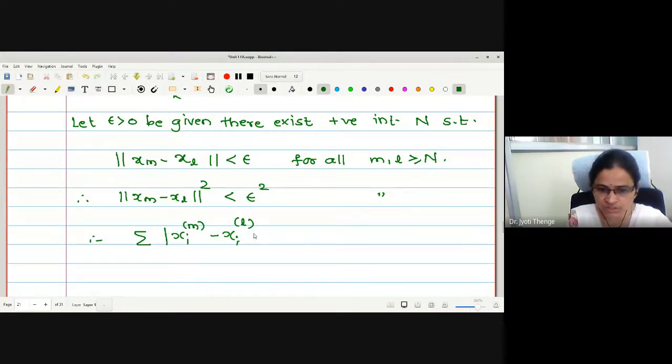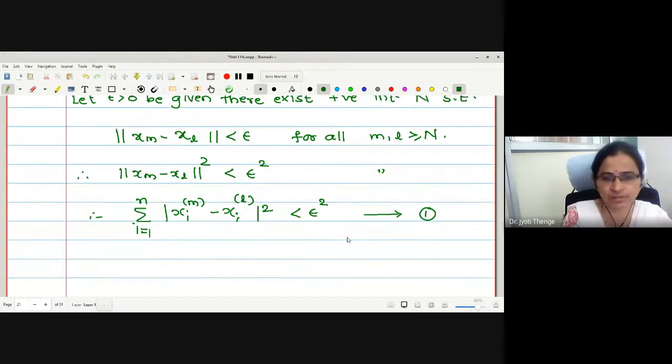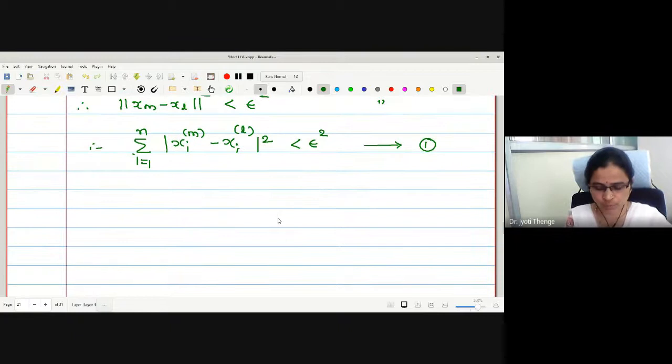So let me put this in the modulus square as well, summation i running from 1 to n. Norm square we have written, therefore no need to take a square root. This is less than epsilon square, and let me call it statement number 1. This statement will be beneficial for us to prove the next.